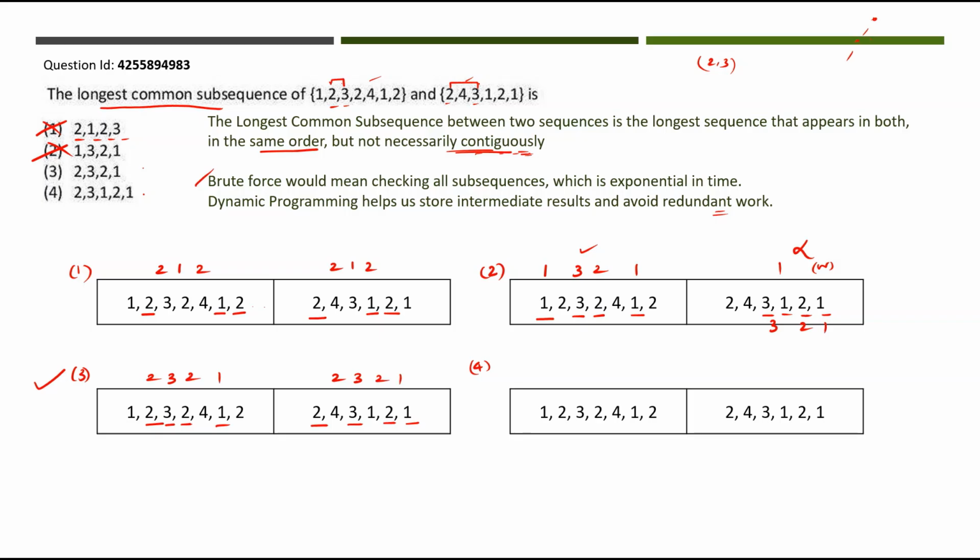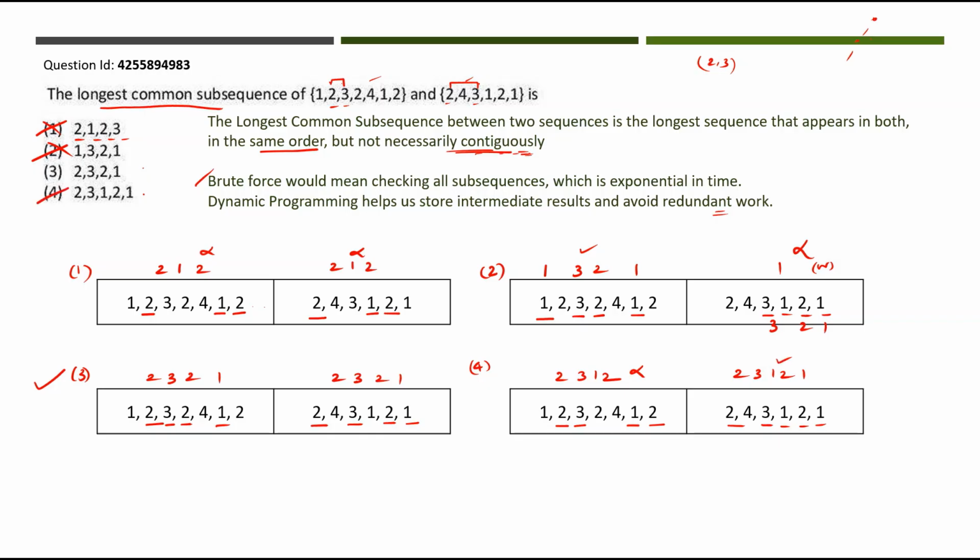We need 2, 3, 1, 2, 1. This is 2, 3, 1, 2, and the last one is not there. So we go for 2, 3, 1, 2 here. It is not supporting, so here we will mark no. And now we will go for 2, 3, 1, 2, 1. 2, 3, 1, 2, 1 is present in the proper order as given in option 4, but it is not present in the first sequence.